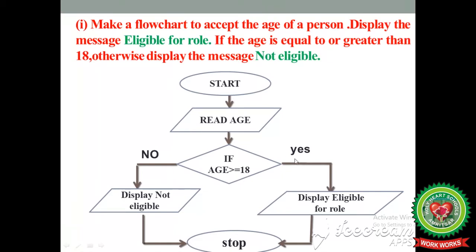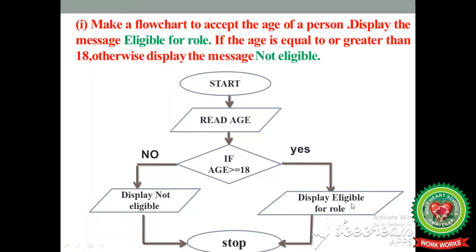On one side write down yes and on the other side write down no. It means yes is for the true condition and no is for the false condition. And then draw an input output box on both sides.